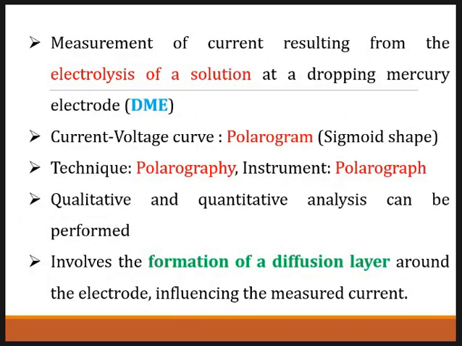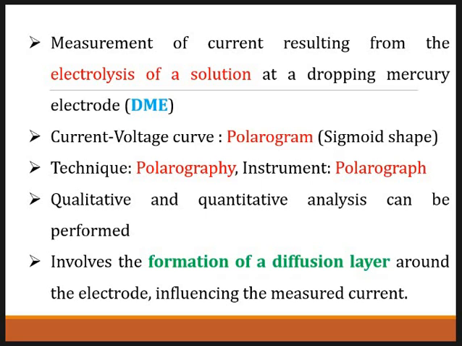This method involves the measurement of current resulting from the electrolysis of a solution at a dropping mercury electrode. So the main principle here is the electrolysis of a solution.